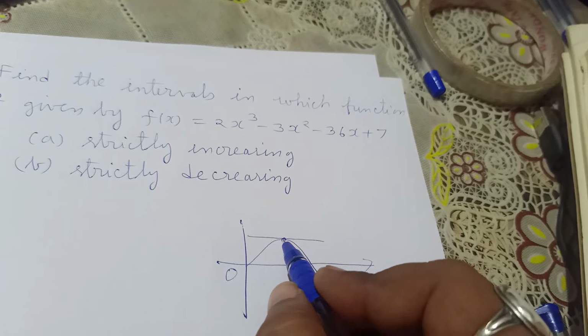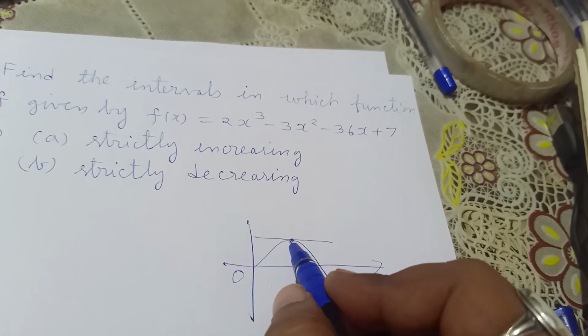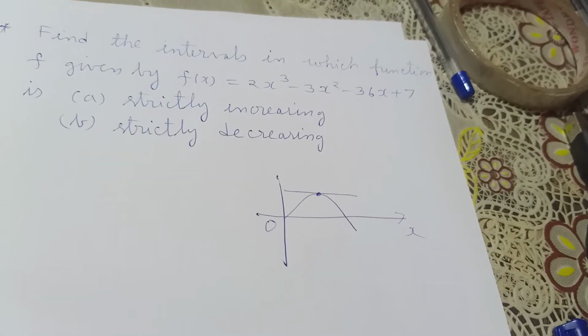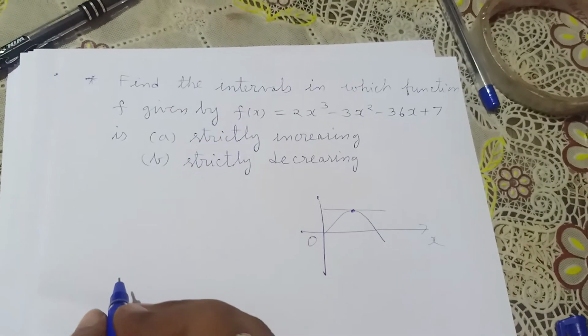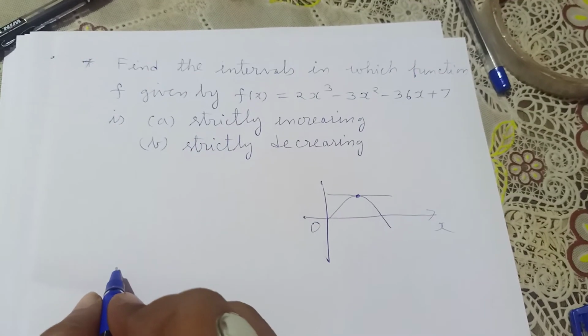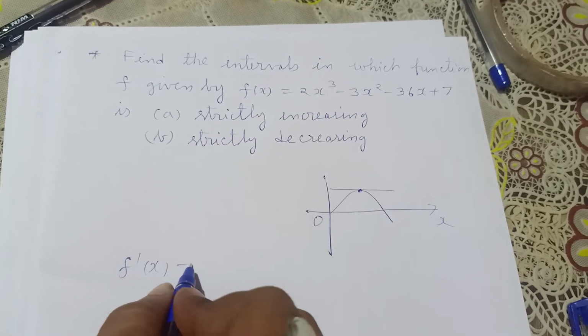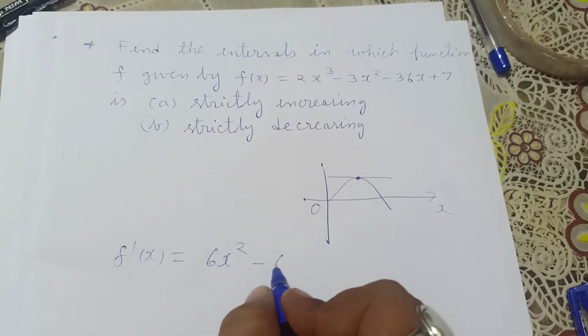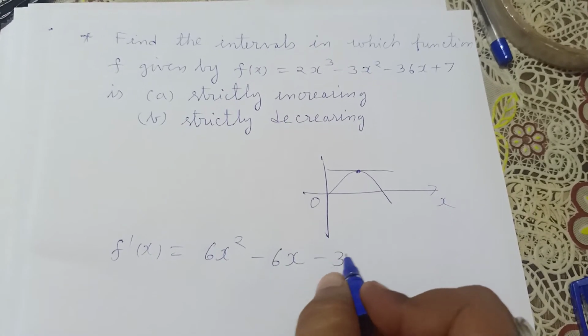These points can be found by putting f'(x) equal to 0. So we will first find the value of f'(x). We differentiate it, we will get f'(x) equals 6x square minus 6x minus 36.